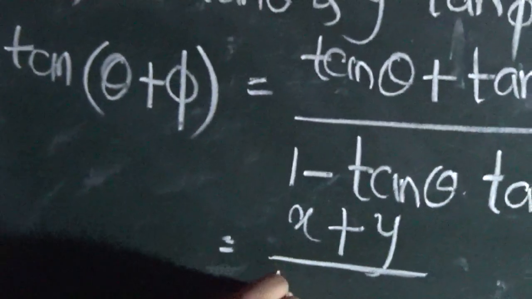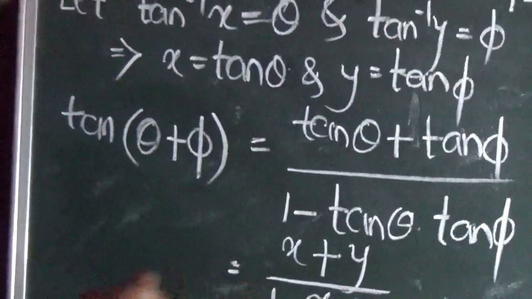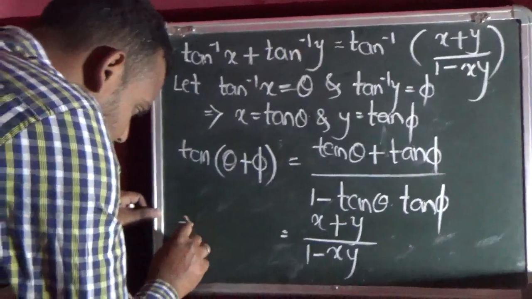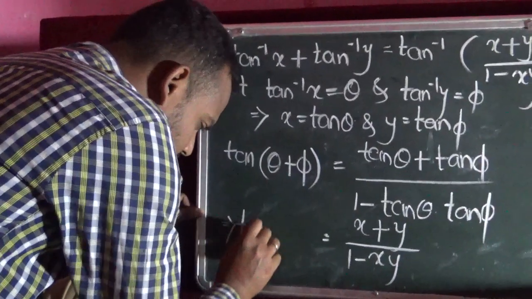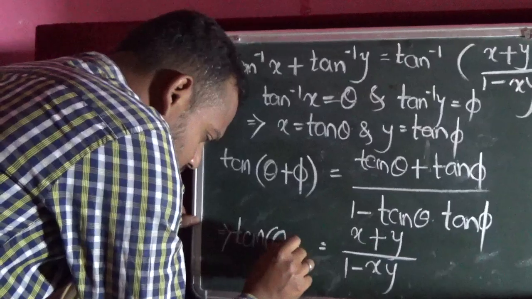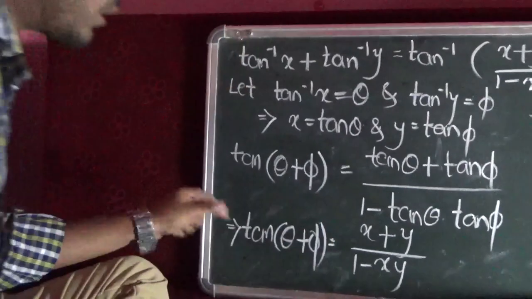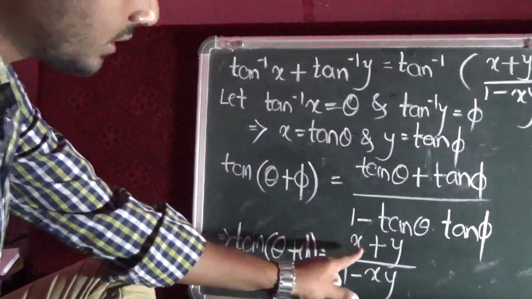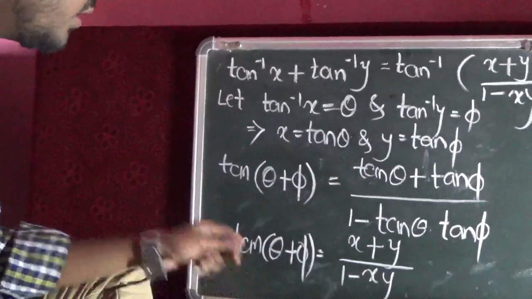So (x plus y) by (1 minus xy). So we get tan of theta plus phi equal to (x plus y) by (1 minus xy).